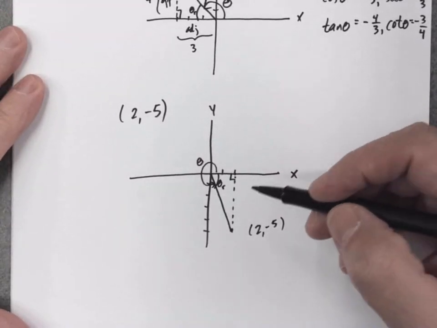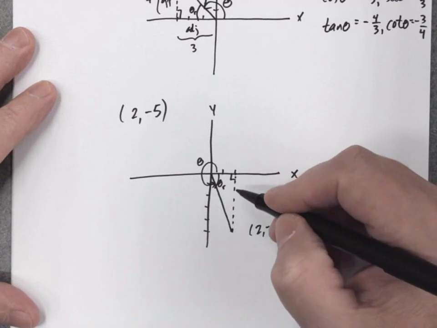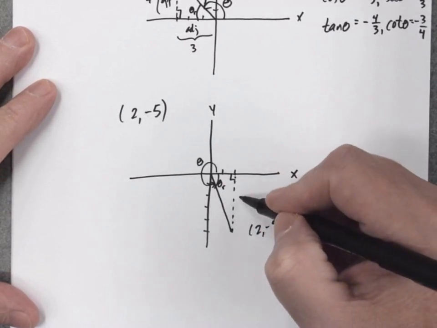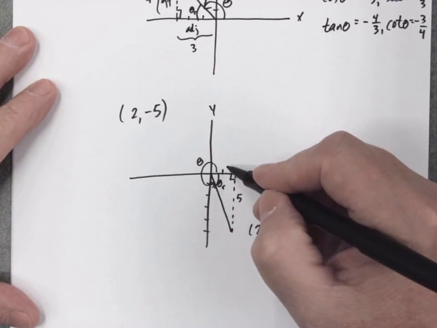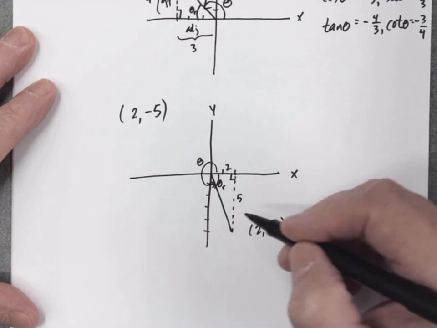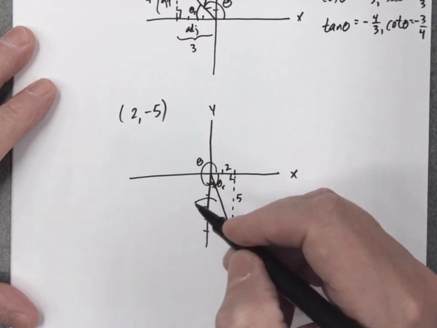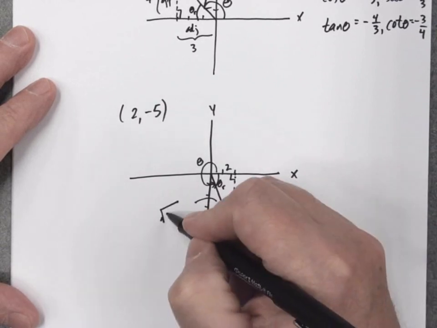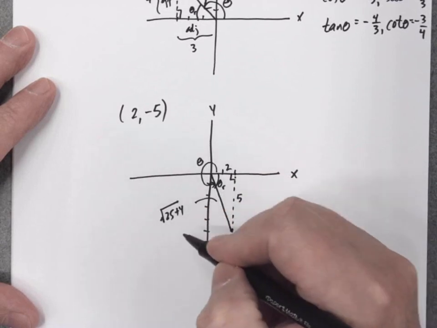So first thing we do is just figure out the sides of this right triangle. So obviously, this is going to be the opposite side, and it is a length of 5. Here's the adjacent side, which is 2. So the hypotenuse, in this case, is going to be the square root of 5 squared plus 2 squared.